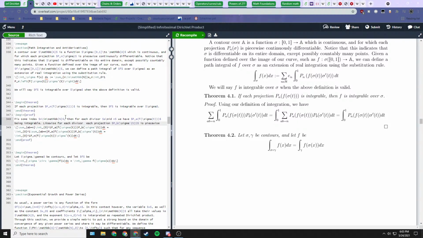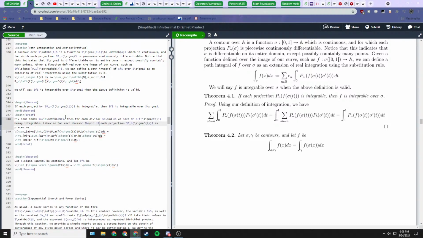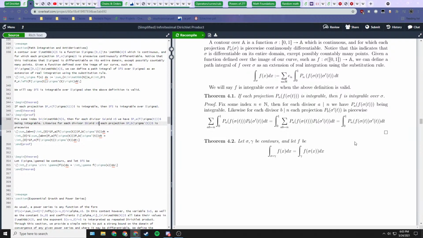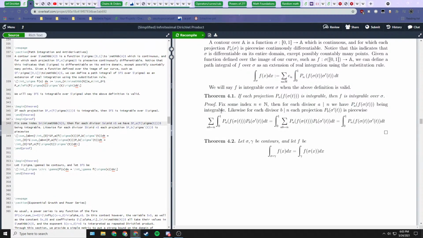Okay, so what we're going to do is, we've set up the sum. I'll format it in a minute. So we've set up the sum, and what we're going to say is fix some index n. Then for each divisor a of n, we have this projection, p of a, f of sigma t, as an integrable function. This is by the premise of the theorem.